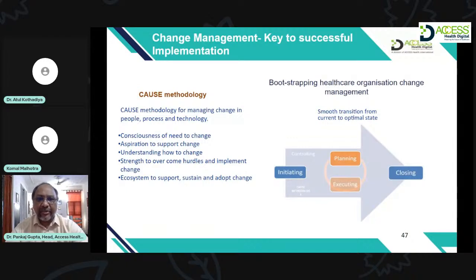Understanding how to change. It's not just the aspiration that is important, also the understanding is important. People have to understand how the change has to be brought in. So there's a lot of training that is required, as Dr. Atul was just talking about the training aspects, based on the requirements that have been gathered, and the change that has been done in the configuration and the customization.